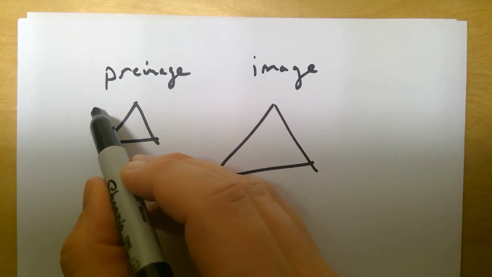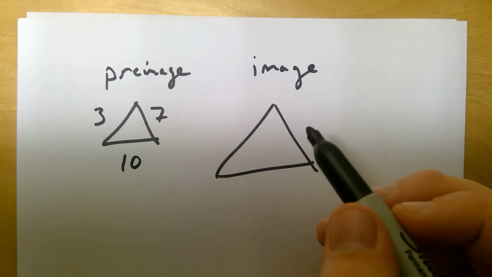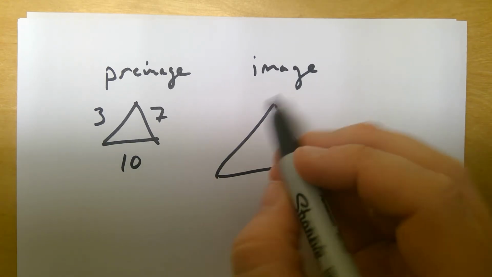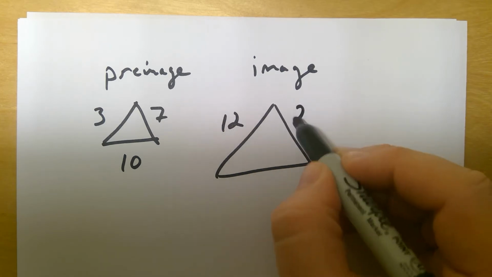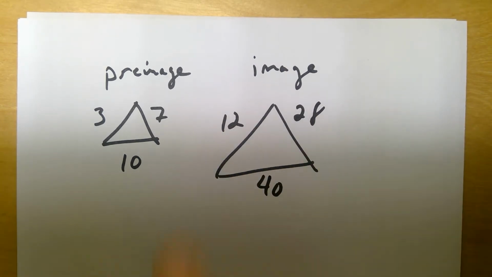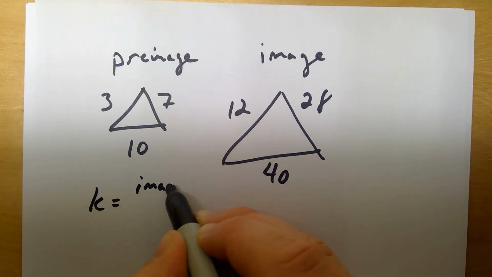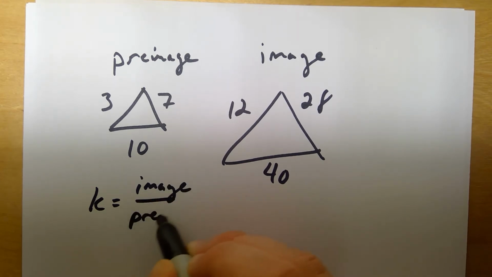Let's say we've got 3, 7, and 10. Okay, I'm just going to pick lengths here. And now we've got 12, 28, and 40. Okay, now, in order to check this, we have to use our scale factor formula. Our scale factor formula is K equals image over pre-image.